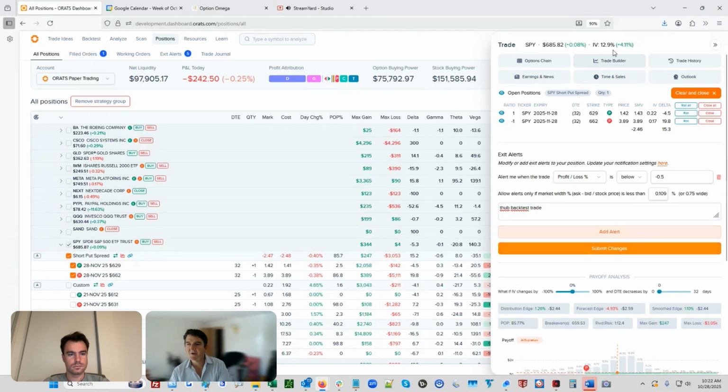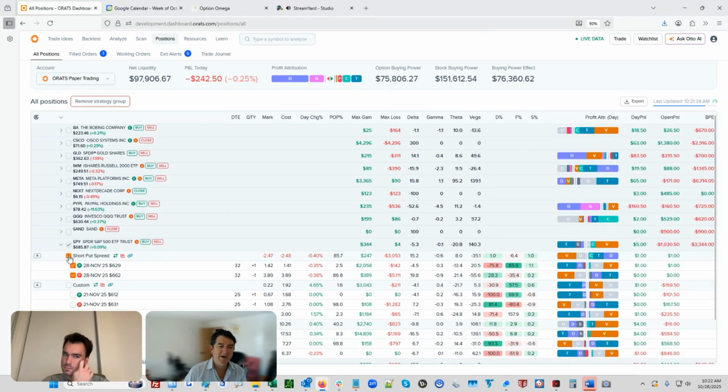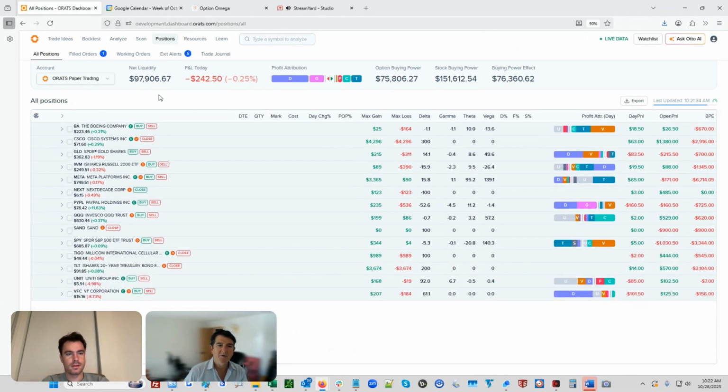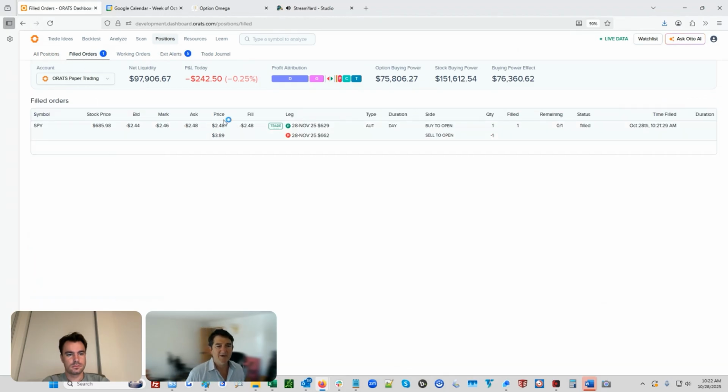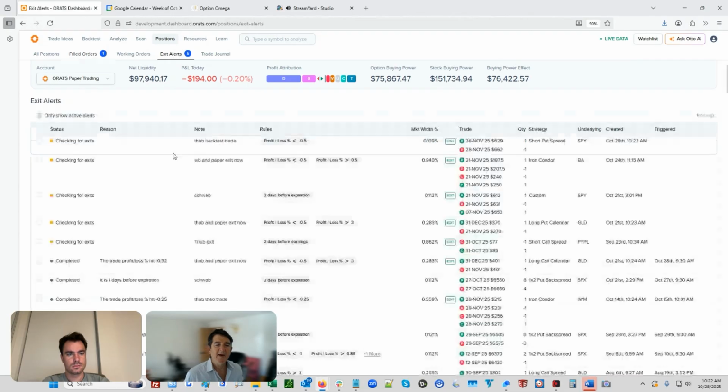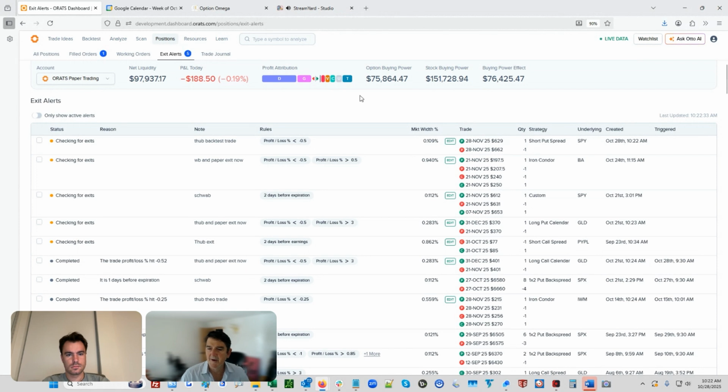So this goes into my paper trading, and with paper trading we also have the trade journal, so I could check that out. We could see in my filled orders what the prices were. We could see in my alerts that I'm watching some other alerts here, but there's a short put spread on this particular day for this particular trade, Tyler.